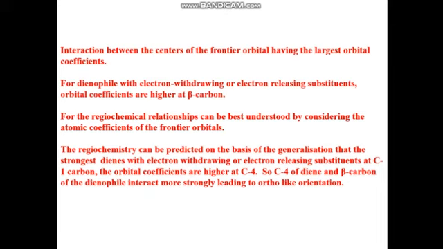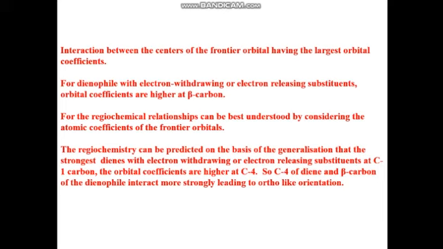Here, the interaction is between the centers of the frontier orbitals having the largest orbital coefficients. For the dienophile with electron-withdrawing or electron-releasing substituents, the orbital coefficients are high at the beta carbon, because the frontier orbital has the largest coefficient there.